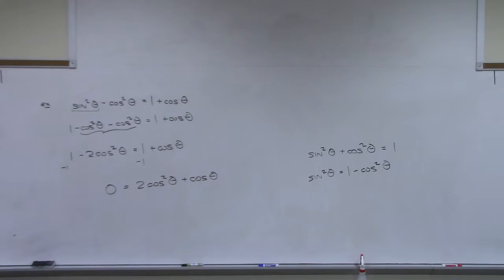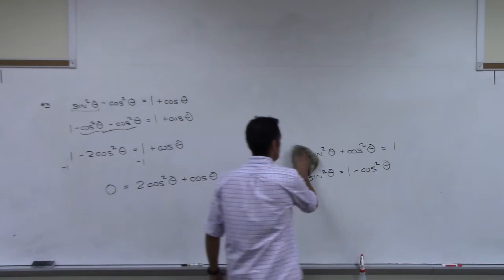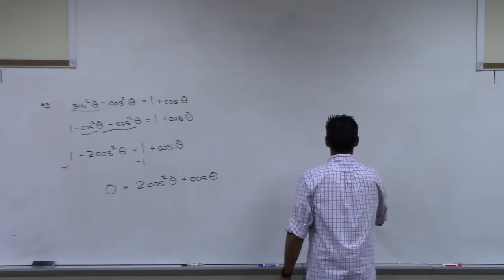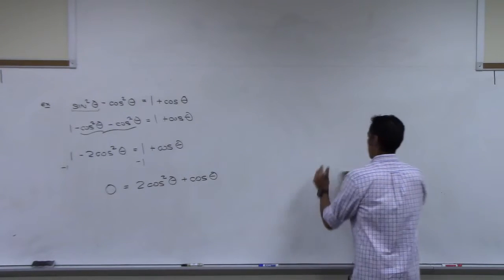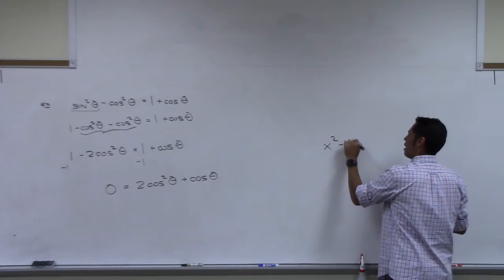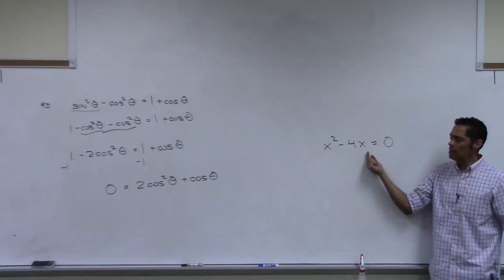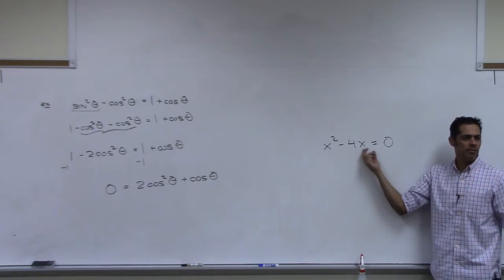Now that's kind of quadratic, but it doesn't have 3 terms. It only has 2. So it's actually easier to solve than the previous one, if you just remember how to solve a quadratic that looks like this. If I give you a quadratic that didn't have a third constant in there, you would just do GCF here, wouldn't you?